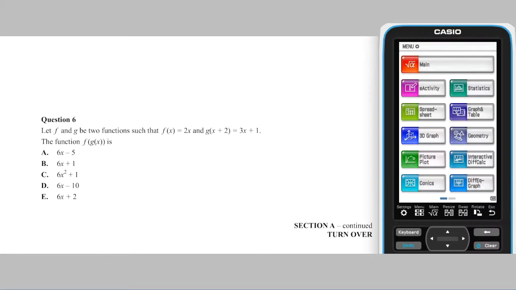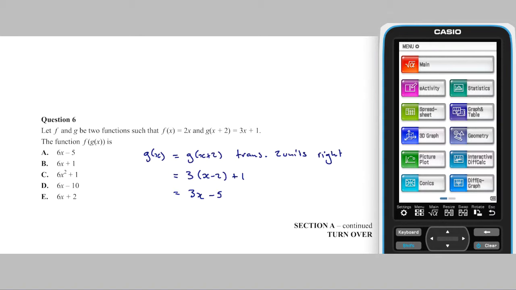Question 6. g of x plus 2 is g of x translated 2 units left. Therefore, g of x is equal to g of x plus 2 translated 2 units right, which will be equal to 3 by x take 2 plus 1, which equals 3x minus 5.